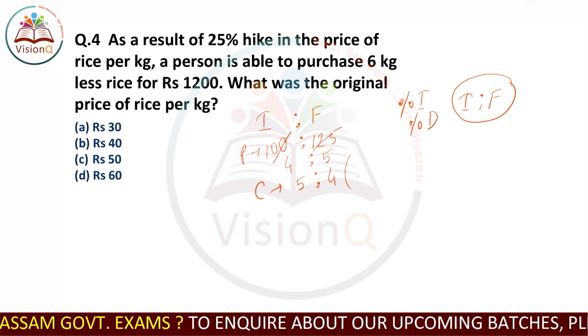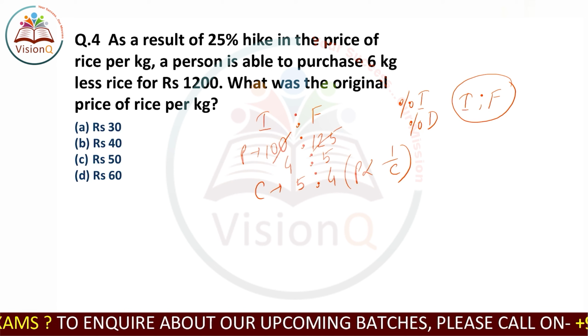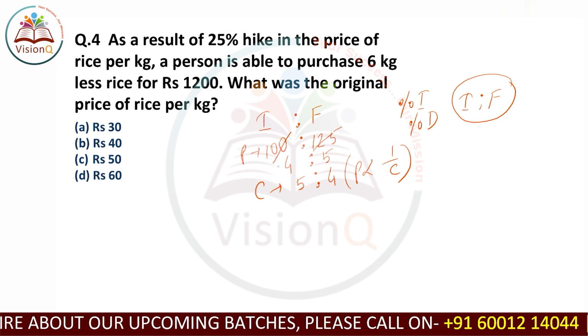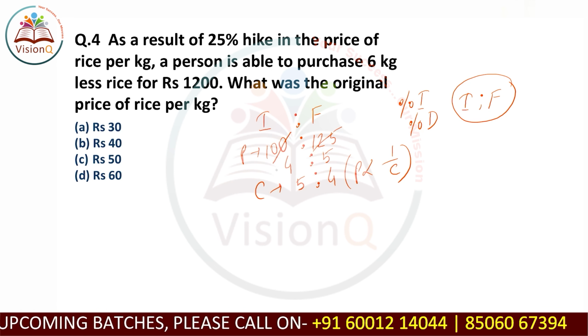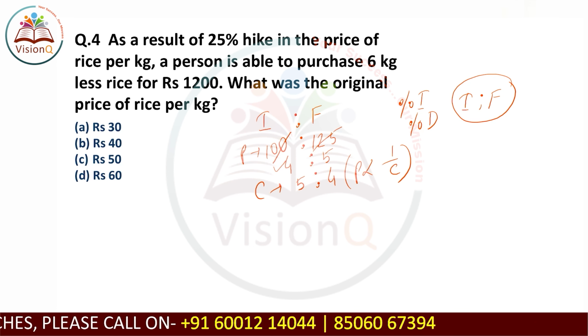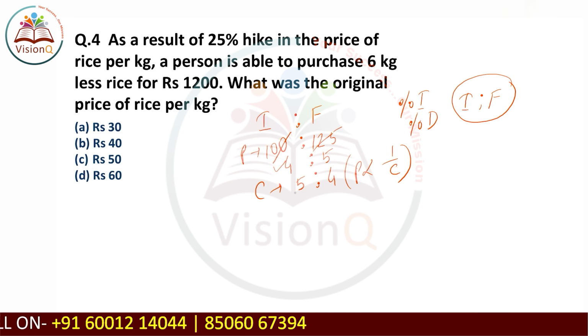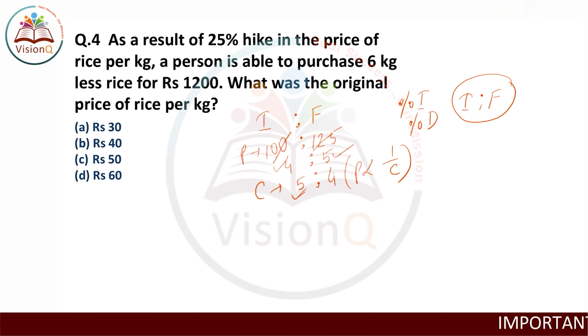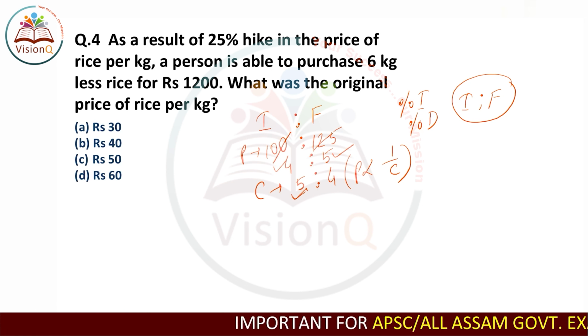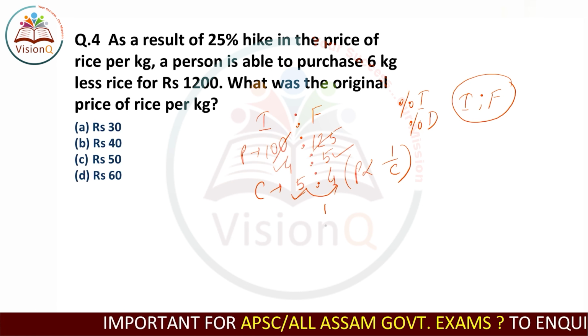That means when the initial price of 1 kg of rice was 4 rupees per kg, he was able to buy 5 kg of rice. And when the price increased to 5 rupees per kg, he is able to buy only 4 kg. So he is able to buy 1 kg less as per the ratio.